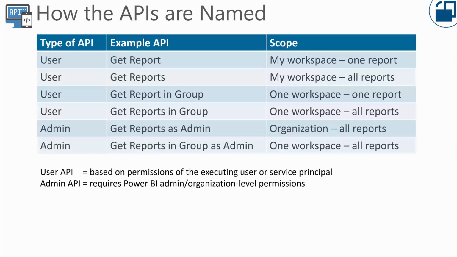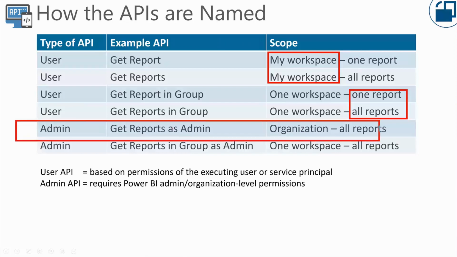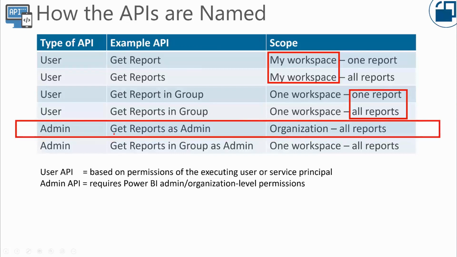This is just metadata after all. And then the scope also is, am I going to go after my workspace or a standard workspace? Am I going to go after one report or all reports? And so really for the purposes that we are talking about here, this get reports as admin is really the one that we want in most cases.